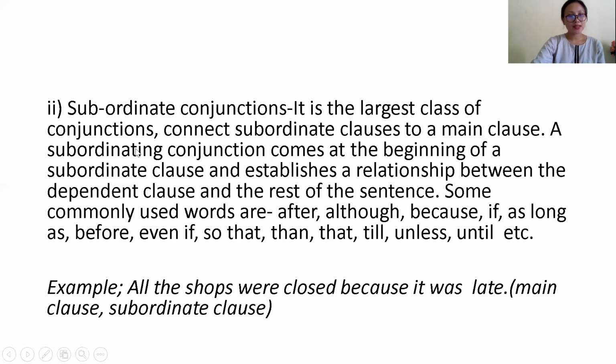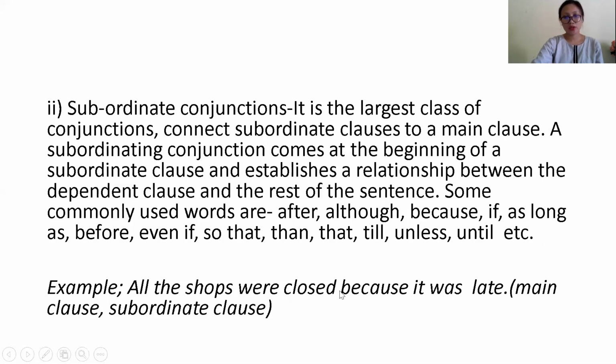A subordinating conjunction comes at the beginning of a subordinate clause and establishes a relationship between the dependent clause and the rest of the sentence. Some commonly used words are after, although, because, if, as long as, before, even if, so that, then, that, till, unless, until, etc.